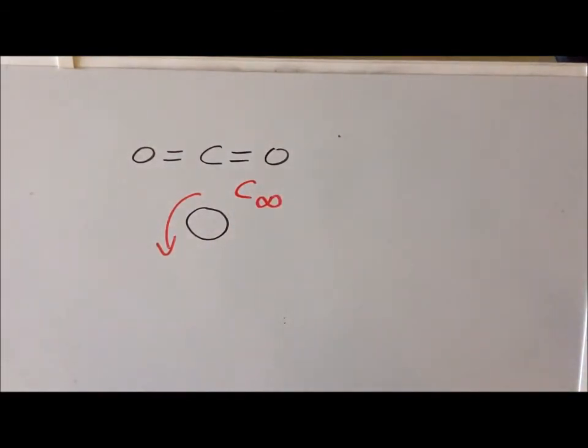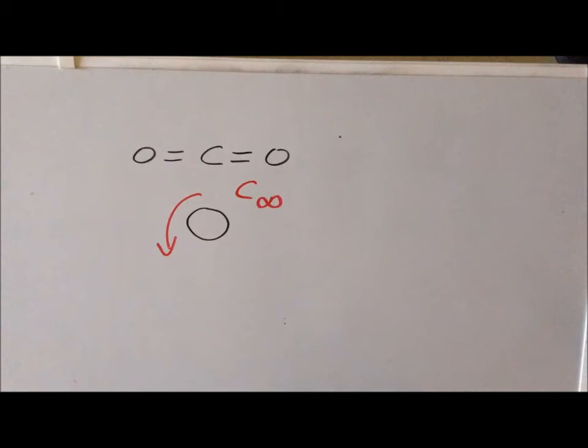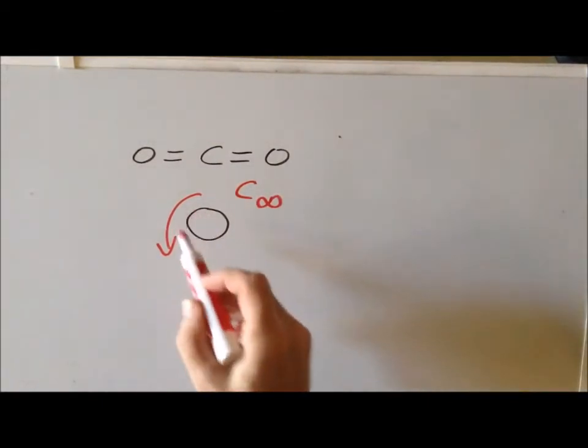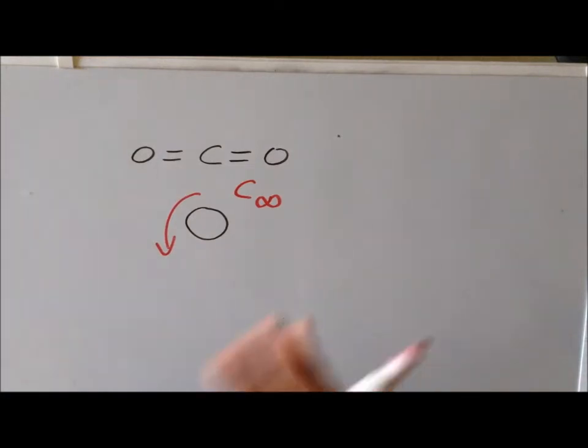This is the one and only case where the n value for a rotational axis is not an integer. So rather than being 1, 2, 3, we actually have infinity. And that corresponds to this idea of an atom as being a very small sphere, so to speak. From the end, it looks like a circle, and if we take a circle and rotate it by any amount, it's going to look exactly the same.